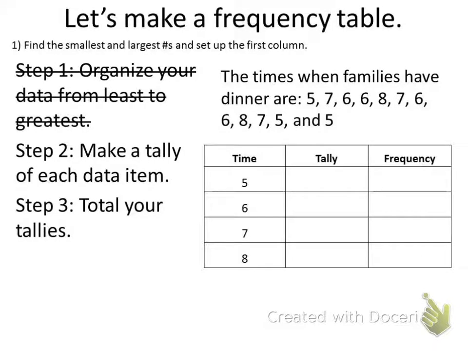Make it so that your page looks like this. Instead of having your step 1, you're going to put a line through it like we did before, and then write this part right here. So step 1 is find the smallest and largest numbers and set up the first column.